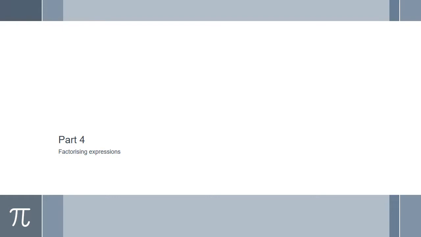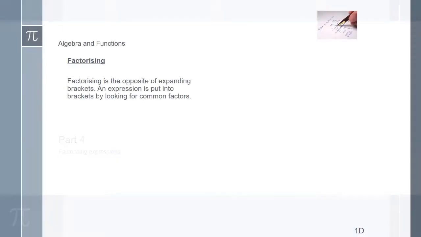Part 4, factorising expressions. Factorising is the opposite of expanding brackets. An expression is put in the brackets by looking for common factors. So here we have 3x and 9. What's the highest common factor of 3x and 9?